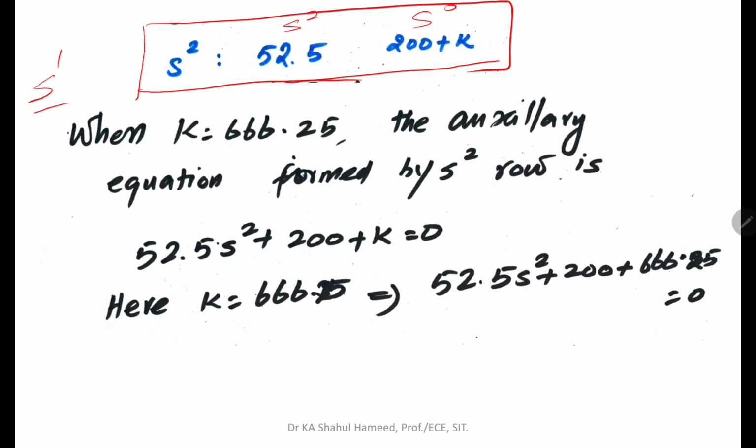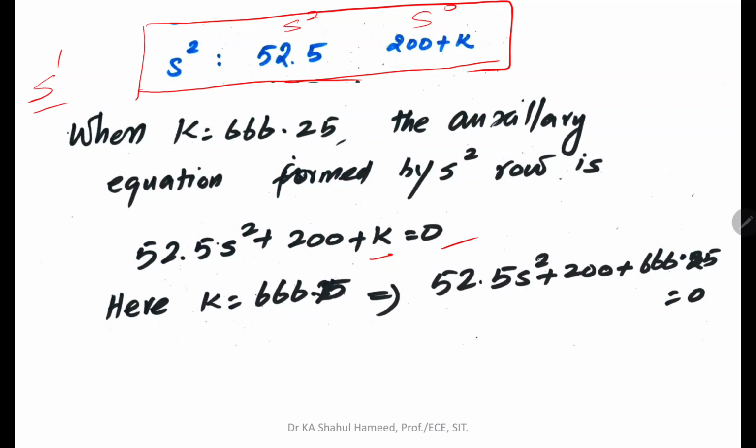I am forming the auxiliary equation like 52.5 s square plus 200 plus k is equal to 0. So here I am going to substitute k is equal to 666.25.